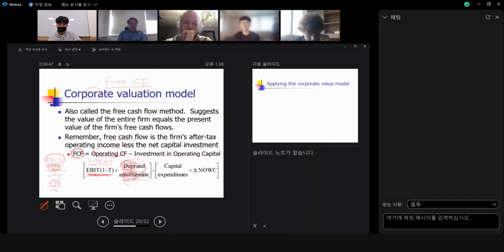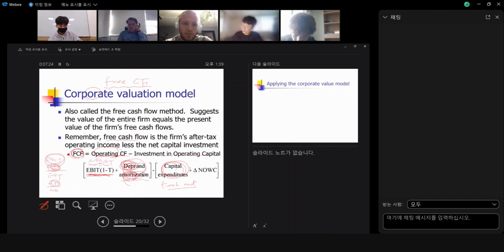And we also consider some items that are cash outflows. Capital expenditure means what? If we buy some fixed asset, like a building or machine, then we have the fixed asset, but we should pay to buy it. That's capital expenditure.